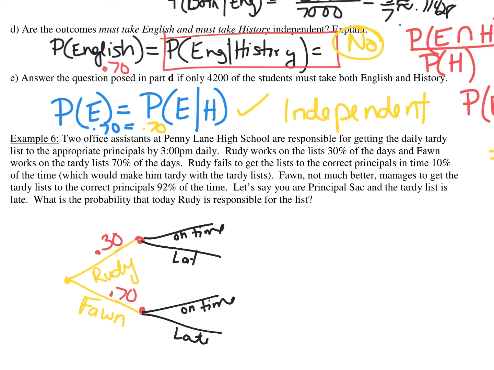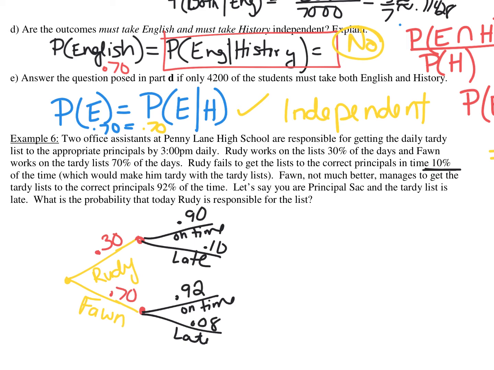All right, so we are told Rudy fails to get the list done 10% of the time. So it's late 10%, on time then 90%. And the other person, Fawn, is on time 92%. So that means this person's late 8%.